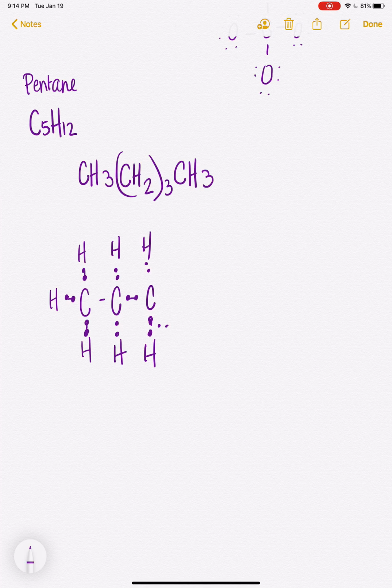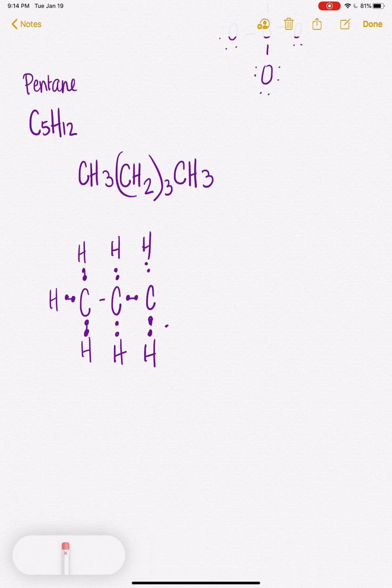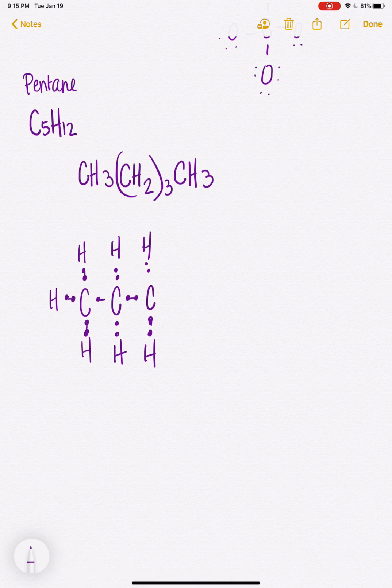It doesn't matter if you prefer to write them side by side like that, then you can. I don't really know why I did them vertical here. So CH2. So I've got 3 of those, so I need 1 more. And then CH3.